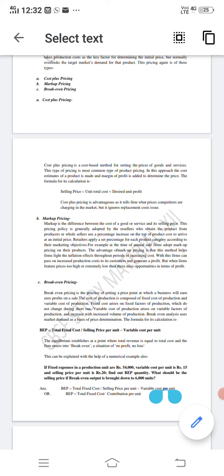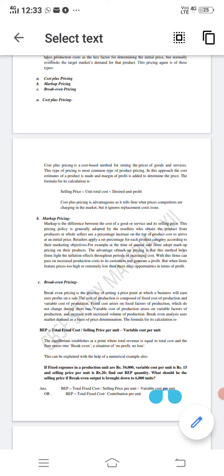As the names suggest, fixed cost arises on fixed factors of production which do not change in the short run. It means those factors which don't change in a small time are called fixed costs. Variable cost of production arises on variable factors of production and increases with increased volume of production. It means the cost which can change in the short run is called variable cost. Okay, two costs are here, fixed and variable.